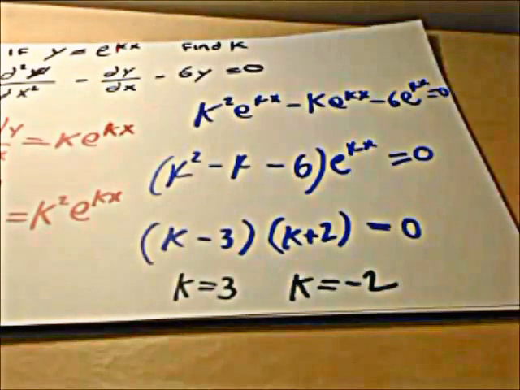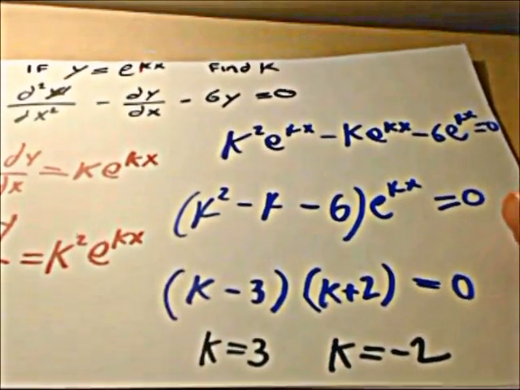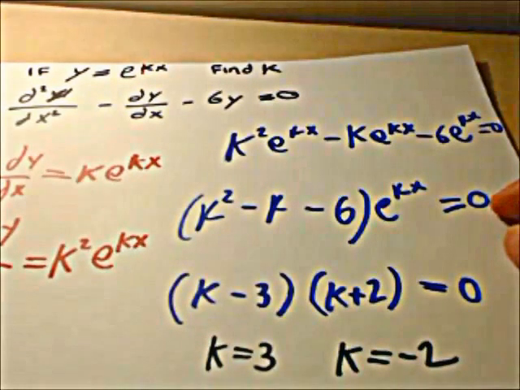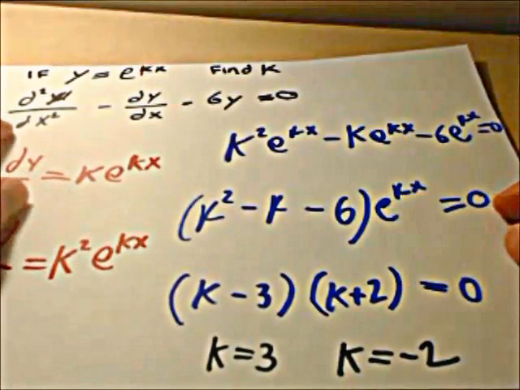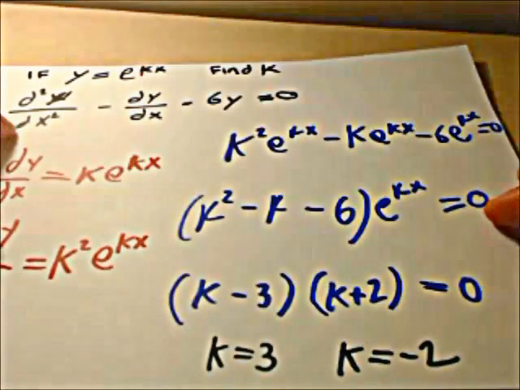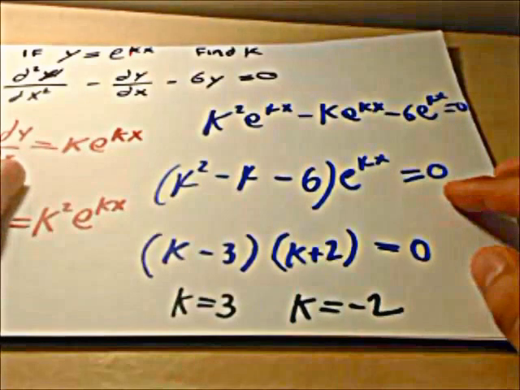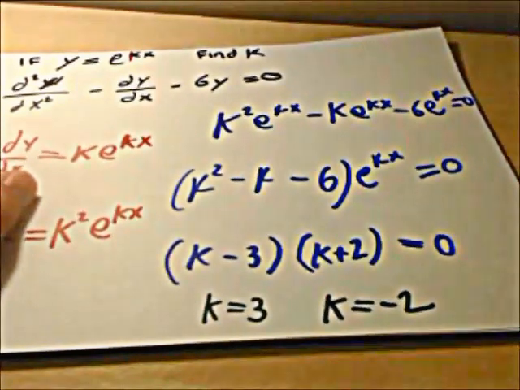Now, if y equals e to the power kx is the solution of the differential equation, then k must be either 3 or minus 2. And so we therefore have two solutions.